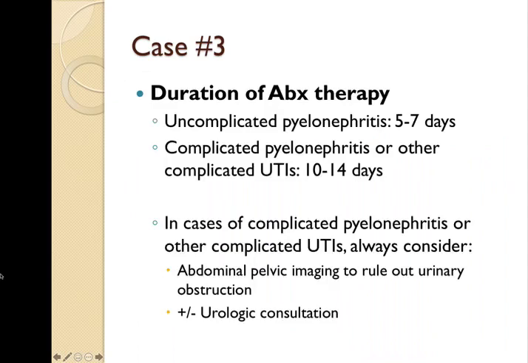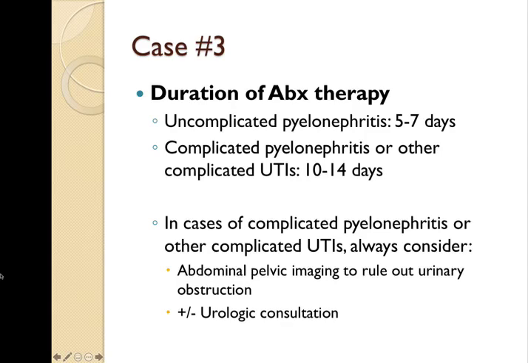So in terms of the duration of antibiotic therapy, remember for uncomplicated pyelonephritis, 5 to 7 days most of the time is sufficient. On the opposite, complicated pyelonephritis or other complicated UTIs oftentimes require longer treatment, up to 14 days.